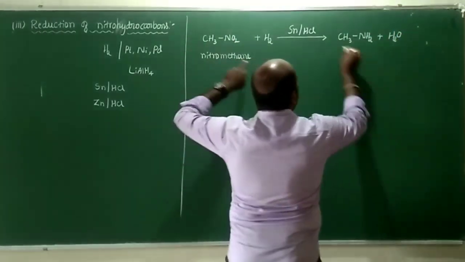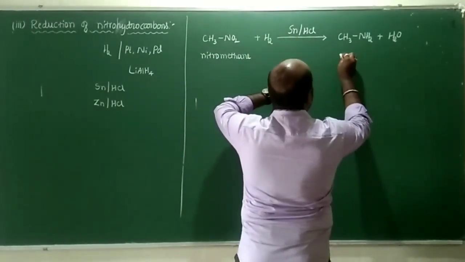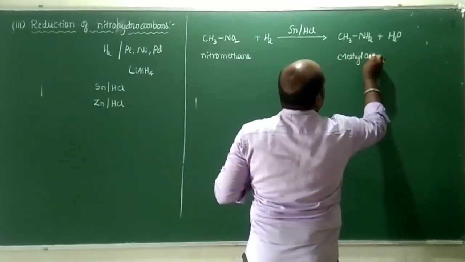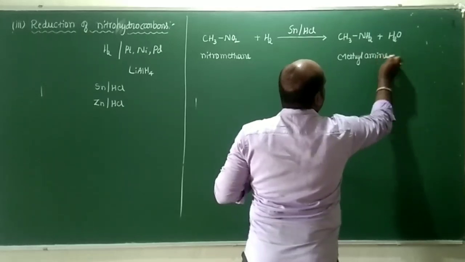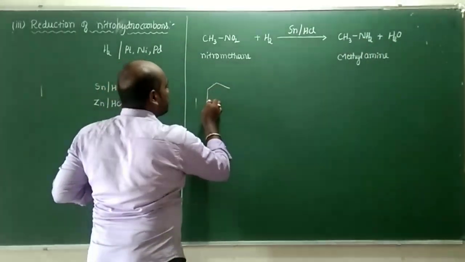So nitromethane on reduction in presence of tin and hydrochloric acid, I am getting a primary amine, that is methyl amine. So similarly, I can go with one more example.